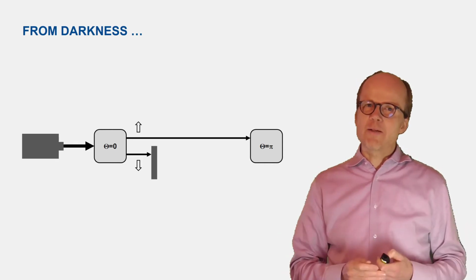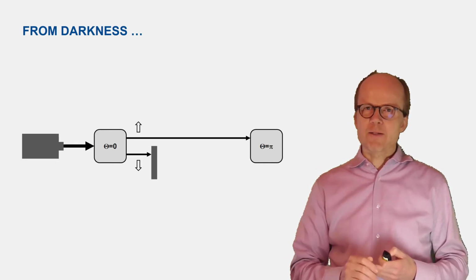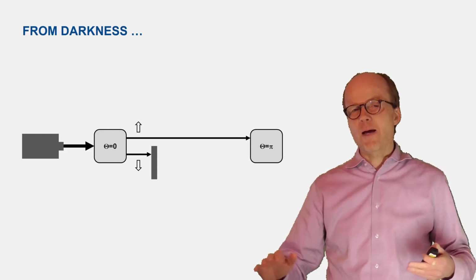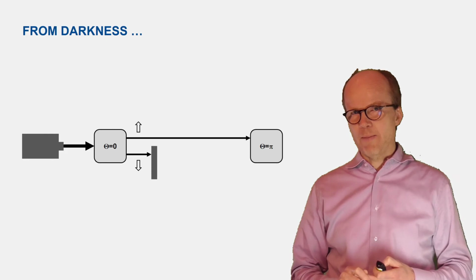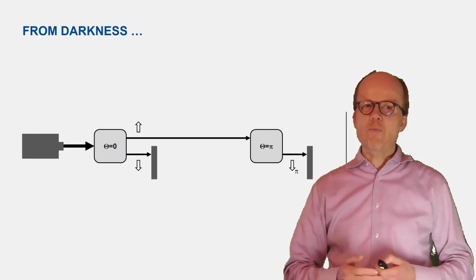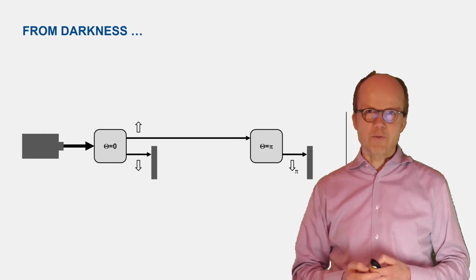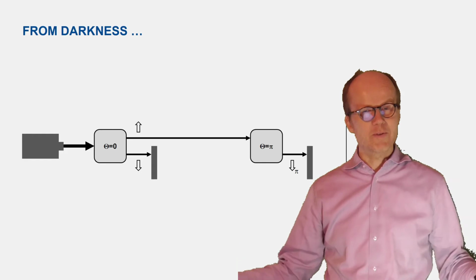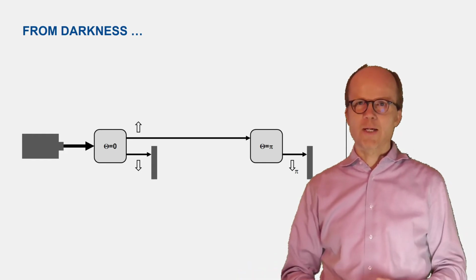So if in the second device you have a particle coming in from the upper beam of the first device, it will certainly exit in the lower beam. And if you block that again, then no particle will be left. A screen will remain dark, or if you have a detector at the end, it will not click.